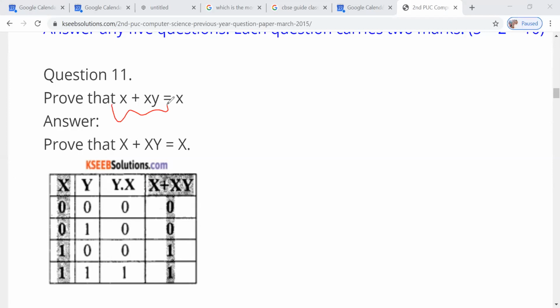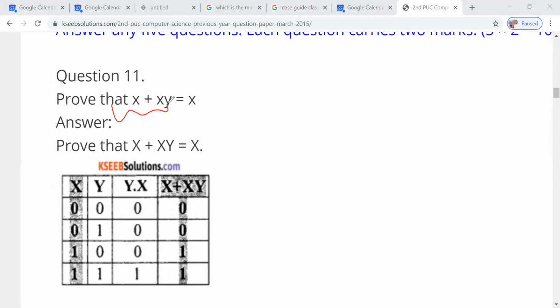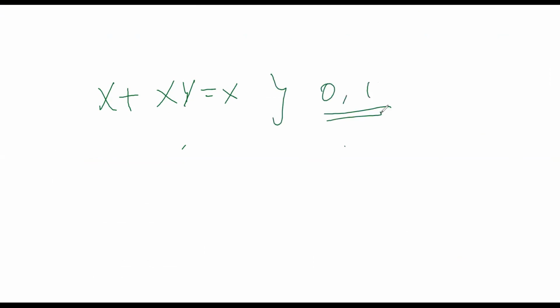First thing is draw the truth table. Yes, x plus xy is equal to x. That is the question. Obviously these can have only binary values, zeros and ones. Correct? Yes or no?